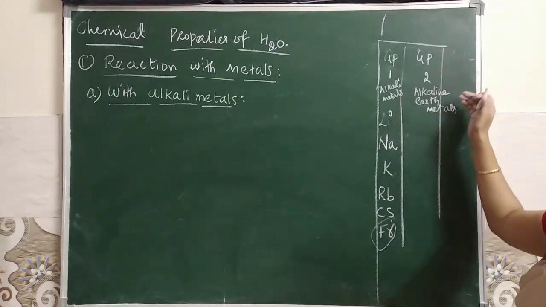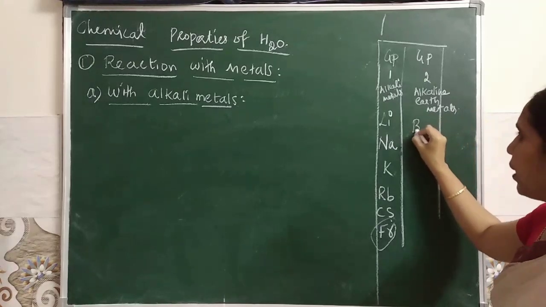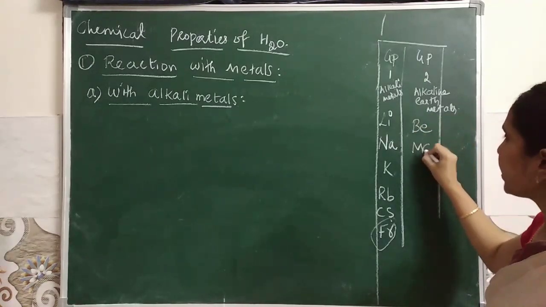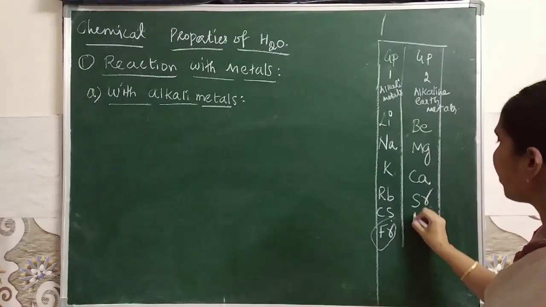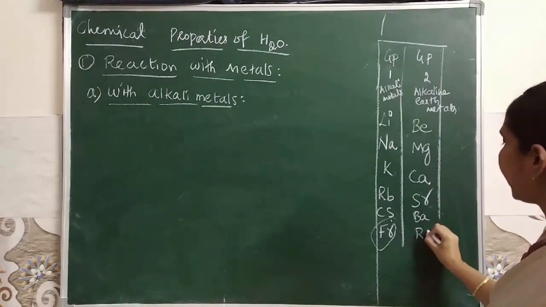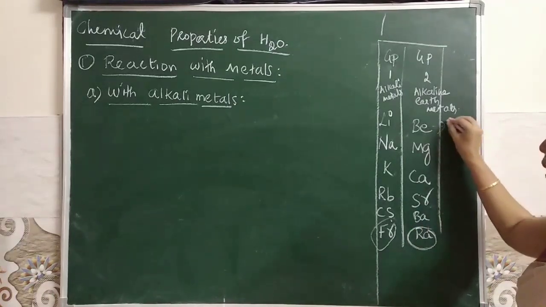What are the elements in group 2, the alkaline earth metals? Beryllium, magnesium, calcium, strontium, barium, radium. Radium is a radioactive element.